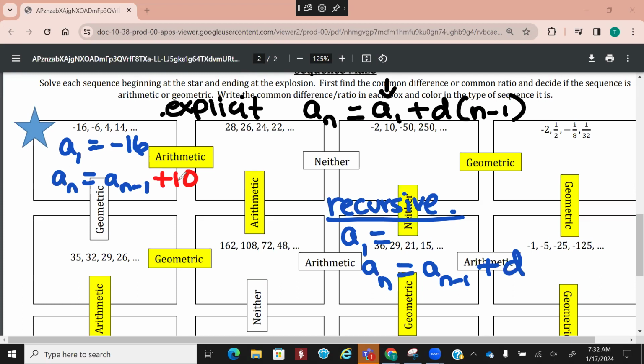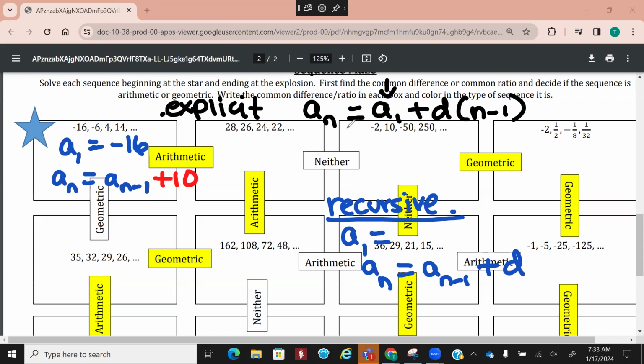So with recursive, you plug in what your a sub 1 is, and then you plug in what your common difference is. And that's it. You leave all this other junk alone. Writing the recursive formula, you just plug in a sub 1 and the common difference.